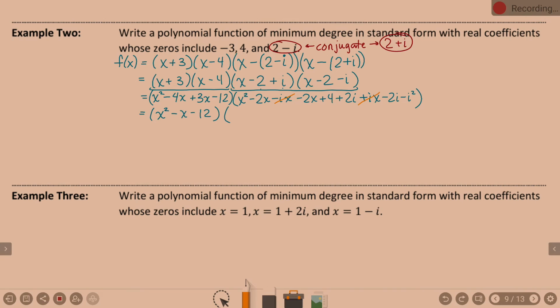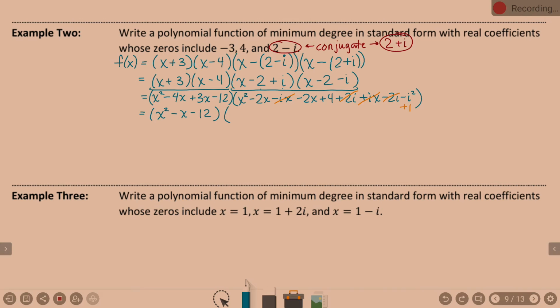Plus 2i cancels with minus 2i. Minus i squared would be minus negative 1, and so that will become plus 1. Notice all of my i's just went poof. The i's are gone. If you're multiplying conjugates, the i's should be gone. That's the key.